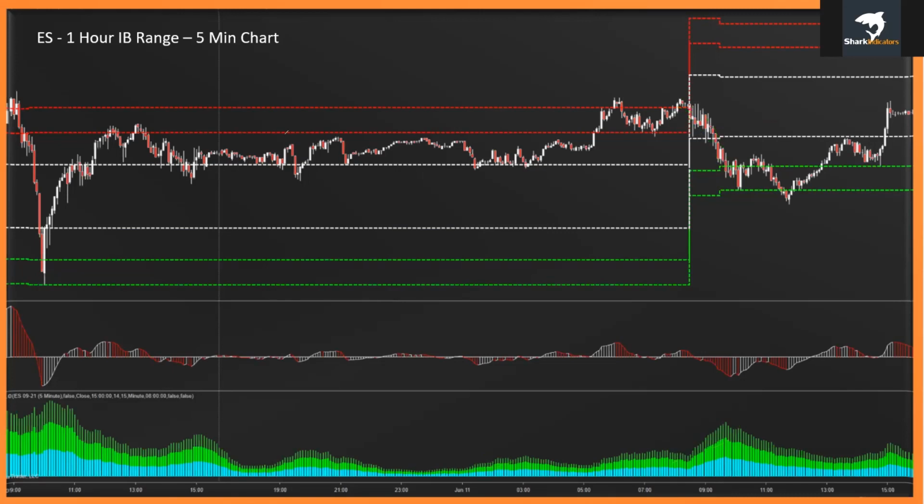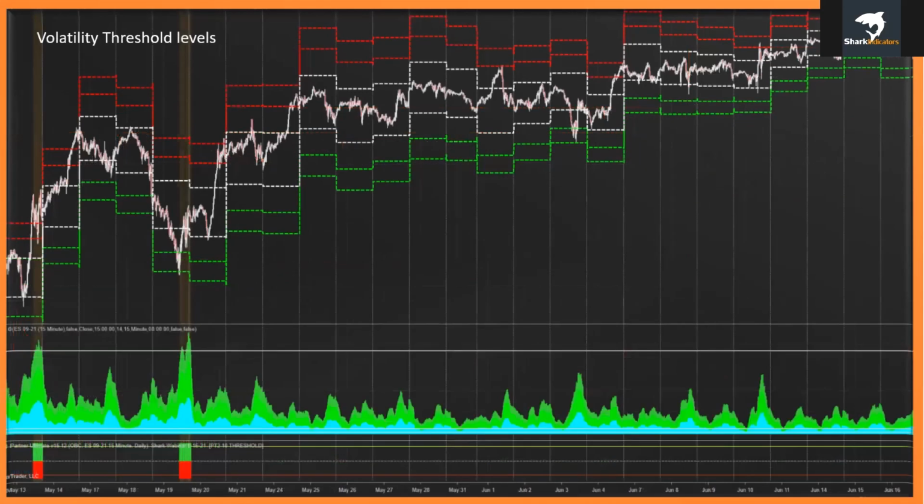Clear the drawings. All right, so here's the good part. Here are your volatility threshold levels. I can capture volatility when it gets high, and that's a really smart way to trade on a higher time frame. You can set these volatility levels and wait for these opportune moments.